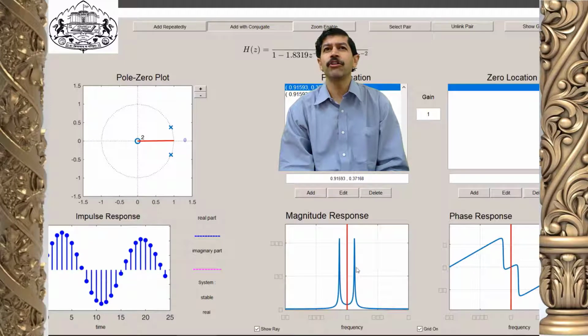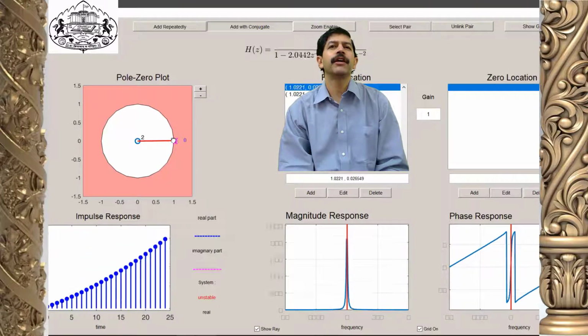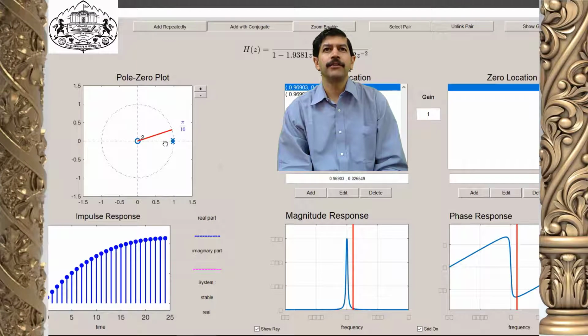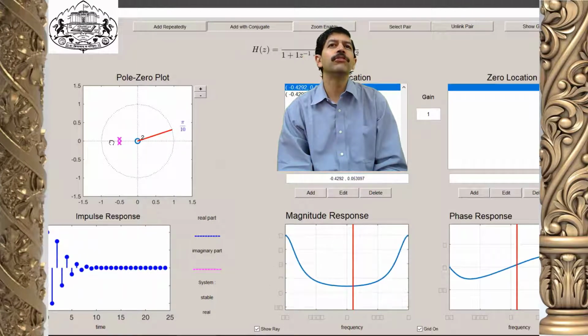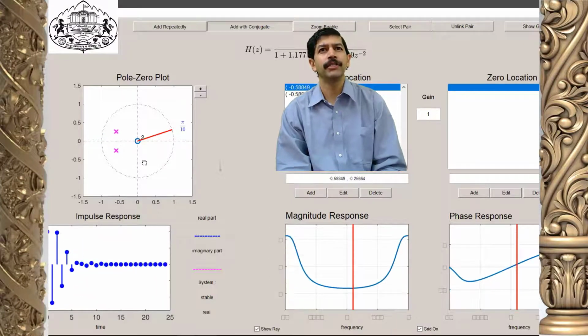You can also create a notch filter by having poles at equal angles. If they are kept at the real axis, it's possible to create a quick low pass filter like this. And if the positioning of the poles is moved to exactly 180 degrees opposite, the low pass filter becomes high pass.